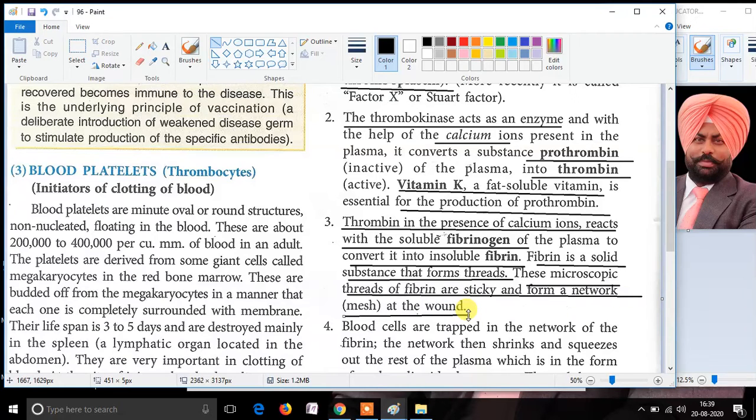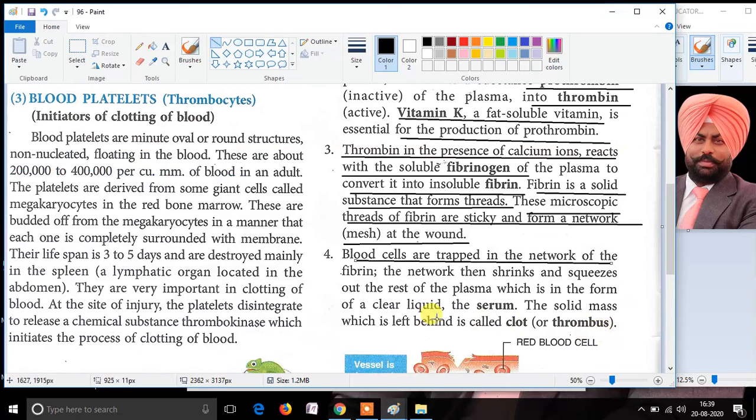The blood cells are trapped in the network of fibrin, and this network squeezes and shrinks the rest of the plasma, which is in the form of a clear liquid and is called serum. Means the plasma without fibrinogen is called serum.